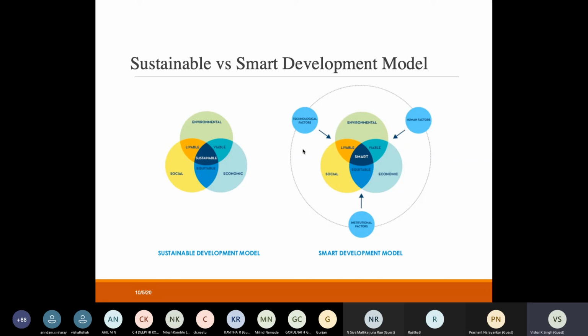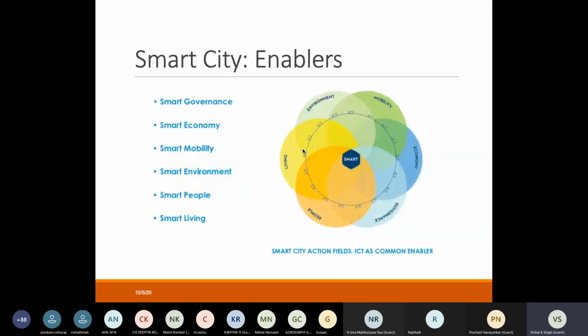Now, to understand these factors, we need to understand the basic concepts of a smart city: that a smart city is governed by smart governance, smart economy, smart mobility, smart environment, smart people, and smart living. As you can see here, they are the enablers of the smart city.